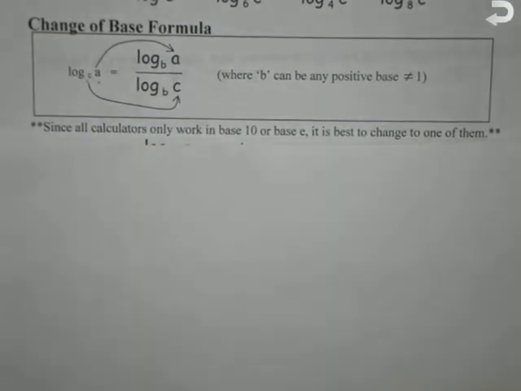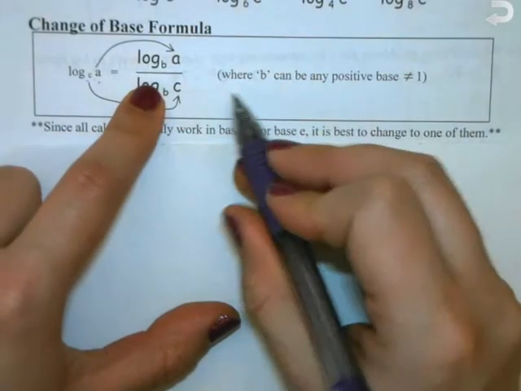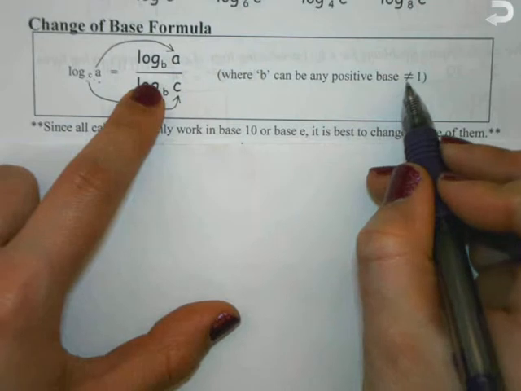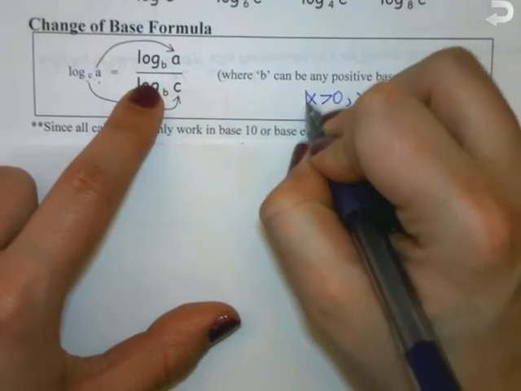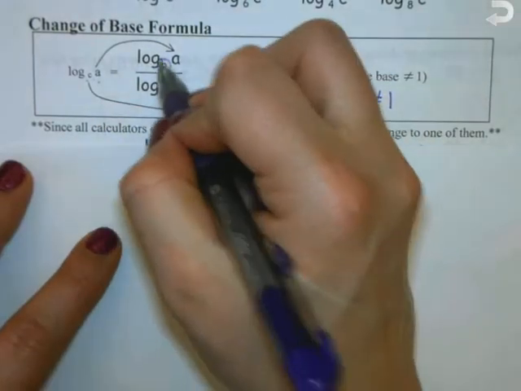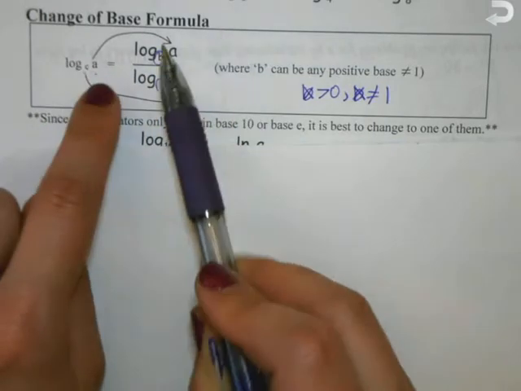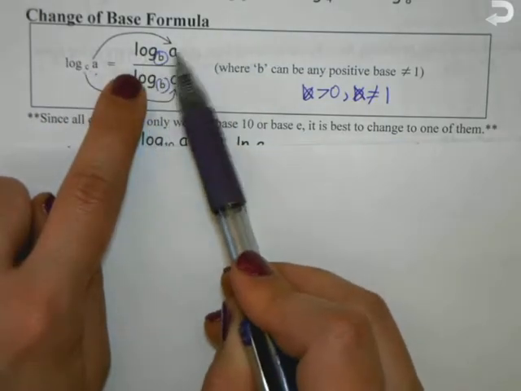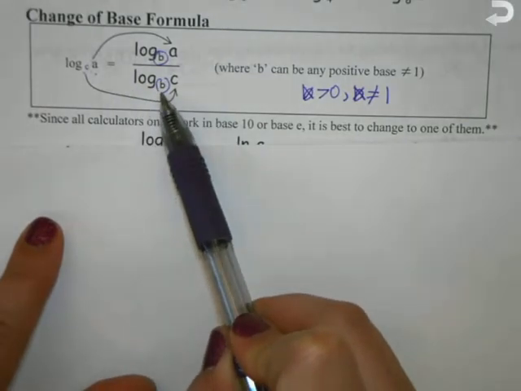So we can rewrite it as log of a base B. B can be any base that I want as long as it's positive and not equal to 1. Okay, so B can be any base that I want. So we change the base to whatever you want, or whatever I tell you, of A, and then we put it all over log of the same base of C, your original.